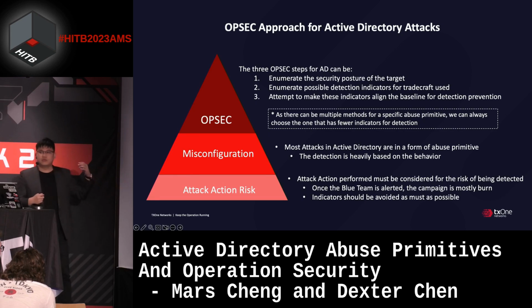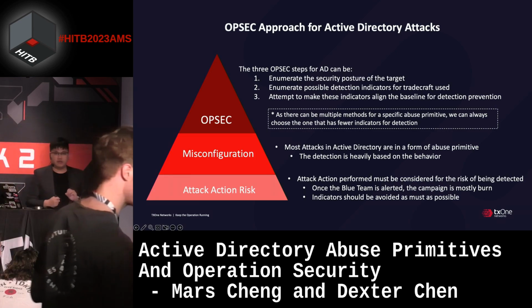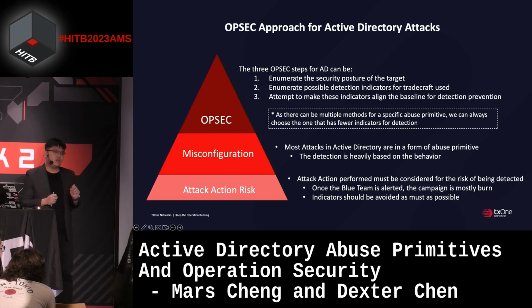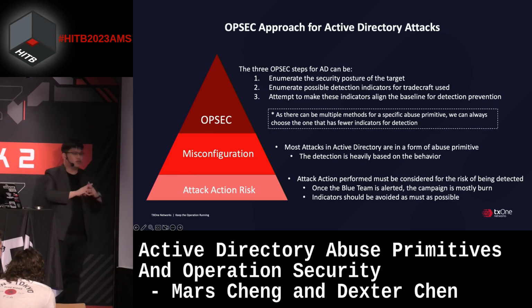So we need to try to avoid this. We concluded the OpSec steps for Active Directory. First, we enumerate the security posture of our target domain. Second, we find the possible detection indicators of the tradecraft used. Then we try to align those indicators with the baseline, because if they align, nothing can be detected; it looks like normal behavior of usual users. This is our goal in OpSec.